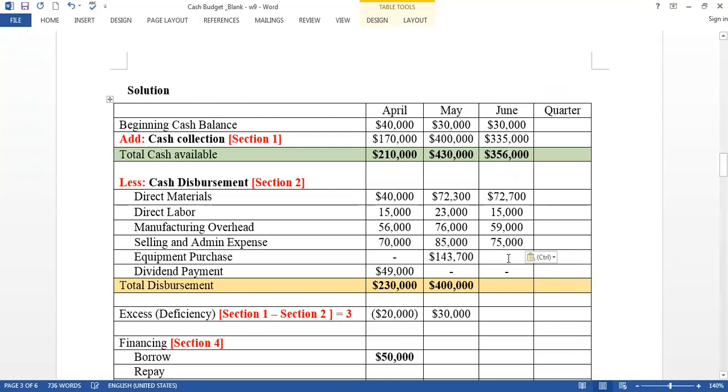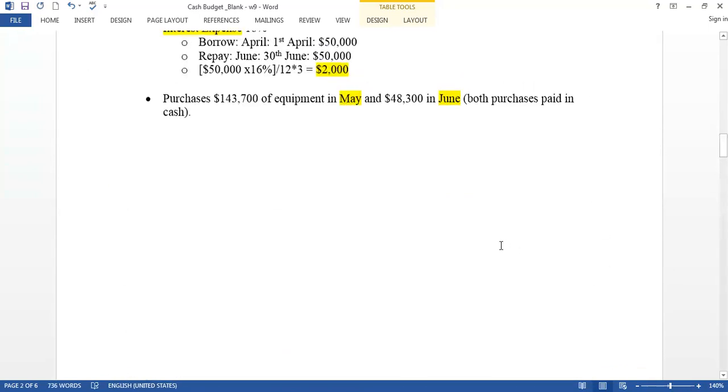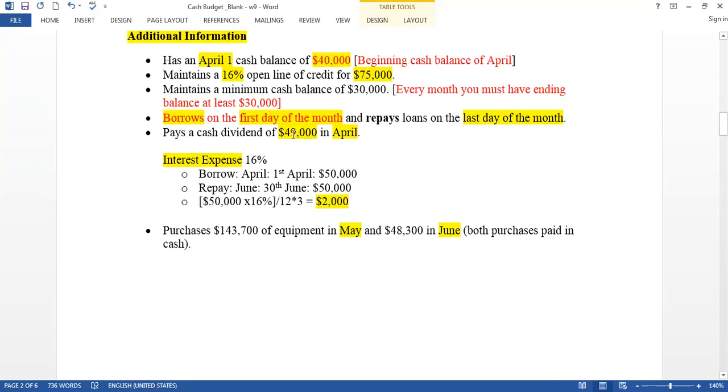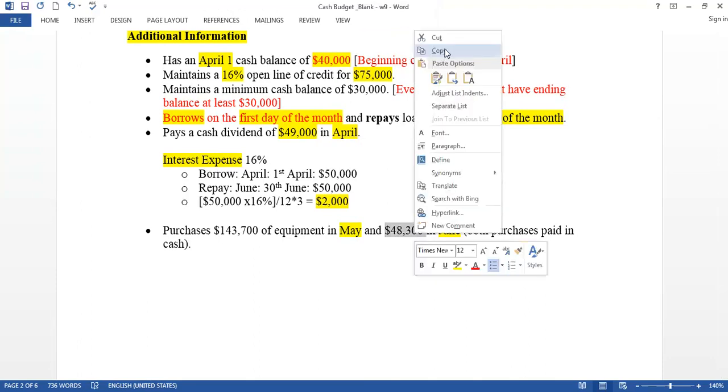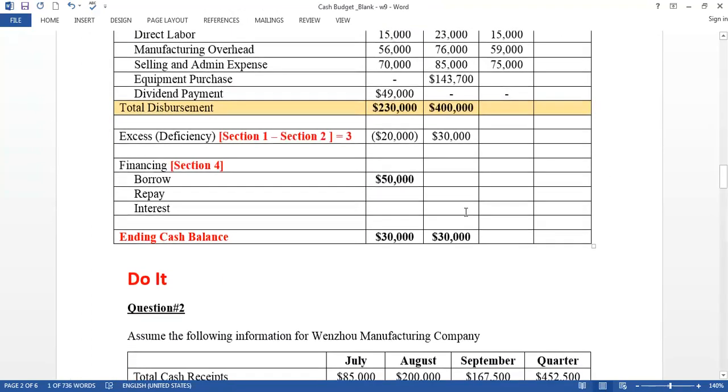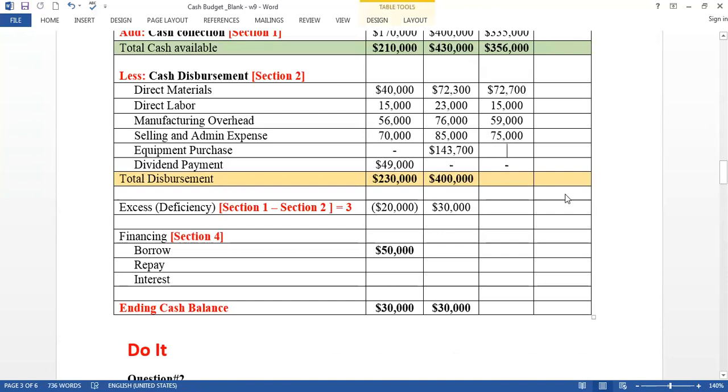And the question says that in the month of June, we buy some equipment, and the amount is $48,300.